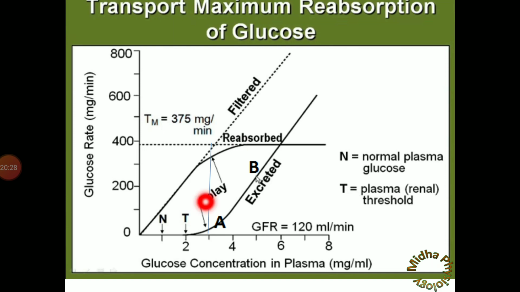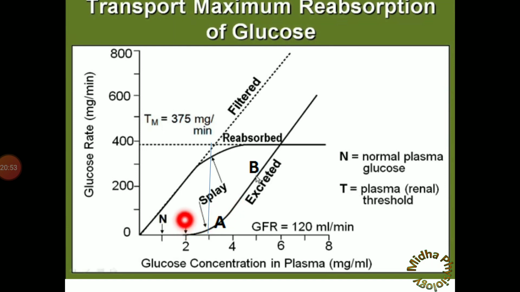Now we know that the renal threshold level for the glucose is actually around 200 milligram per deciliter. Here you see, when the glucose concentration in the plasma is 200 milligram per deciliter, the excretory rate has slowly increased. So after 200 milligram per deciliter only, the excretion has started.